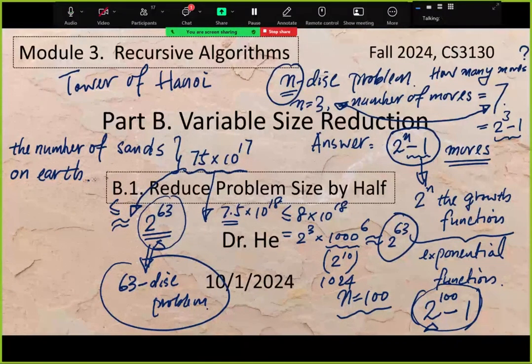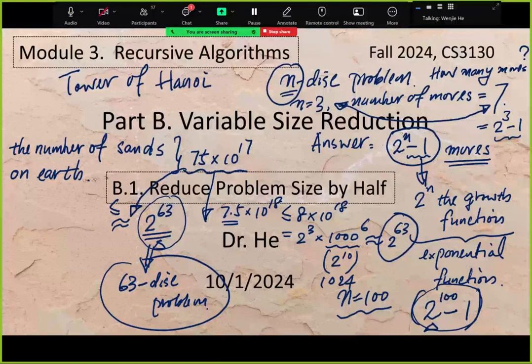Our midterm contains module 1, module 2, and part A plus part B of module 3. Because we covered this part, it is included in the midterm, including today's lecture. But after today's lecture is not included in the midterm.